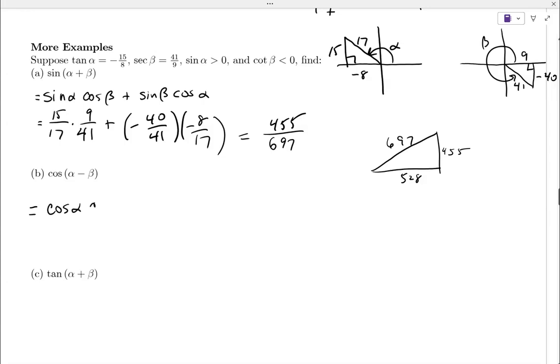Good. So that's cosine alpha, cosine beta, plus sine alpha, sine beta. So yeah, the first step was to use our difference formula for cosine, right? What's next?